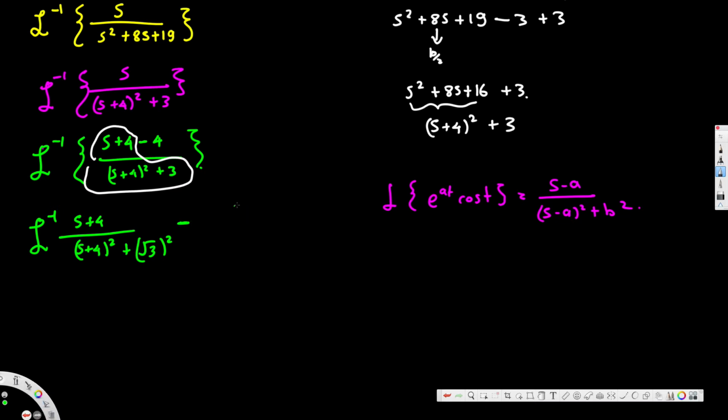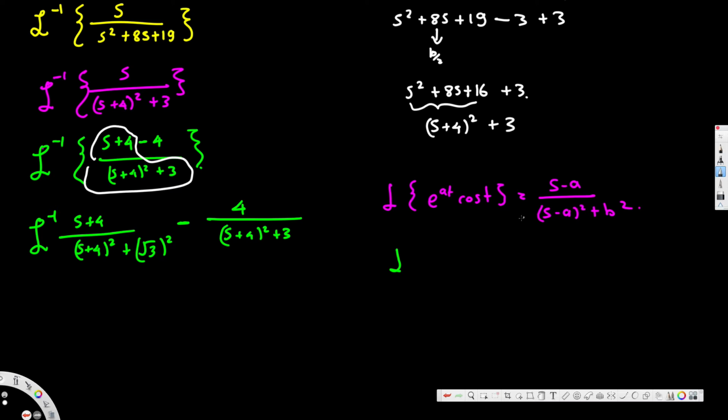So negative 4 over s plus 4 whole square plus 3. Okay, now this one is in sin bt pattern, like Laplace of e power at cos bt is s minus a over s minus a square plus b square.